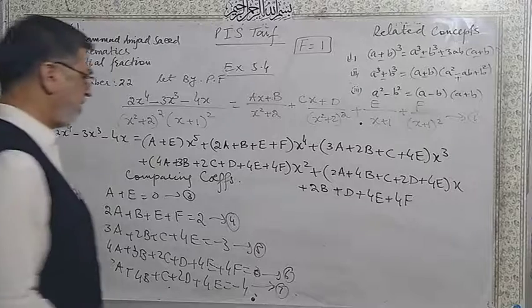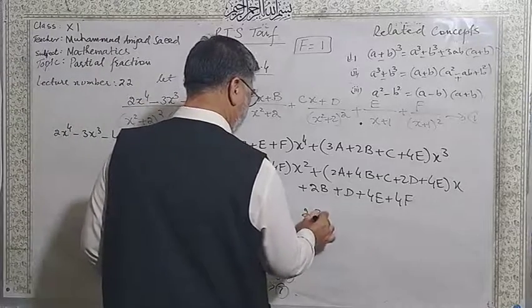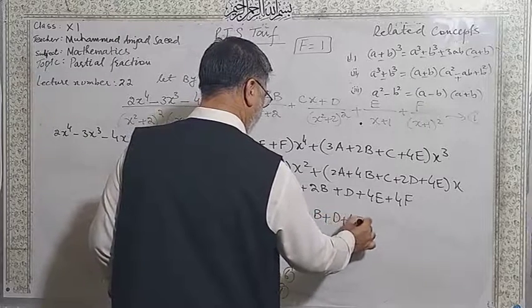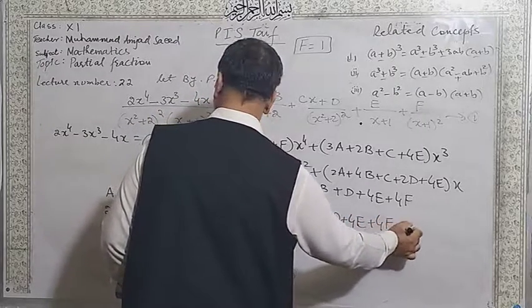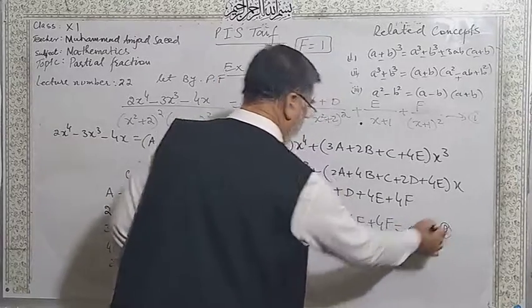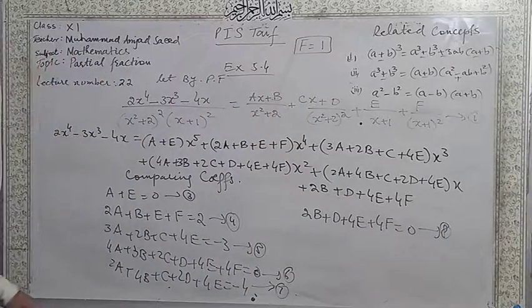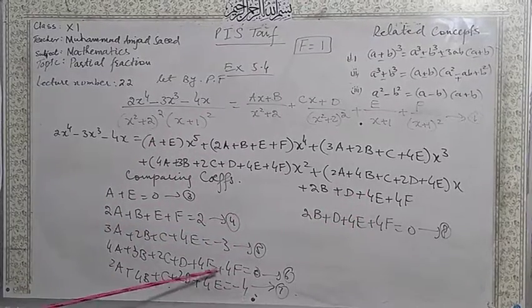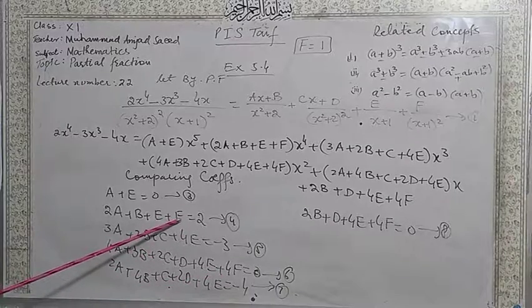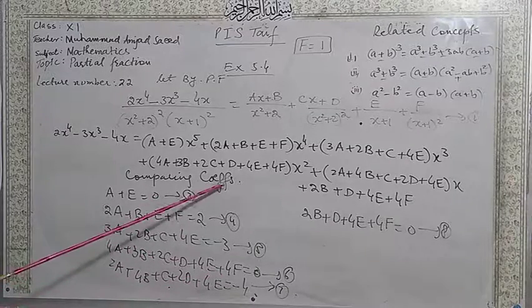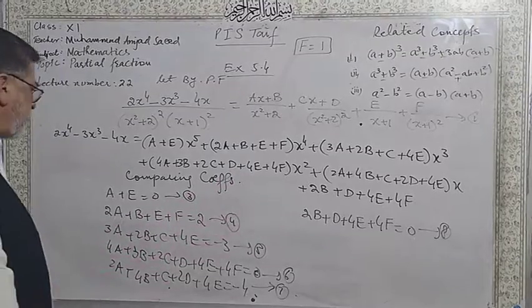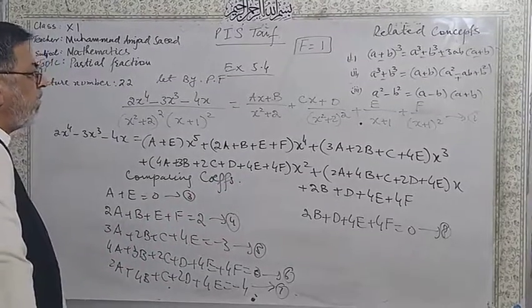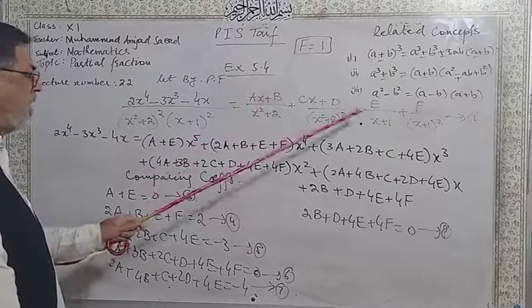After that, constant: 2b plus d plus 4e plus 4f is equal to 0. This is equation number 8. So these are different equations. Dear students, you can apply f is equal to 1 here, and then you will solve these equations simultaneously to find the constants a, b, c, d, e and f.